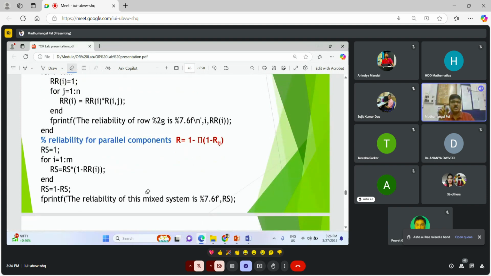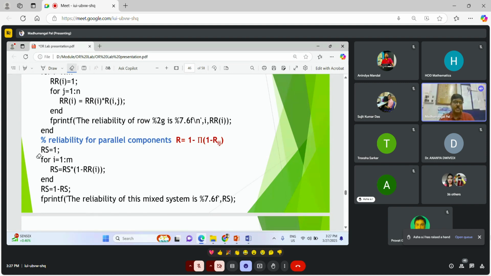And lastly, we calculate the reliability of the entire system. But see that the three rows are connected in parallel. So for the parallel system, the reliability is calculated by this formula: 1 minus the product of 1 minus Rij. If Rij is the reliability of a component and the components are connected in parallel, then the formula is 1 minus the product of (1 minus Rij).